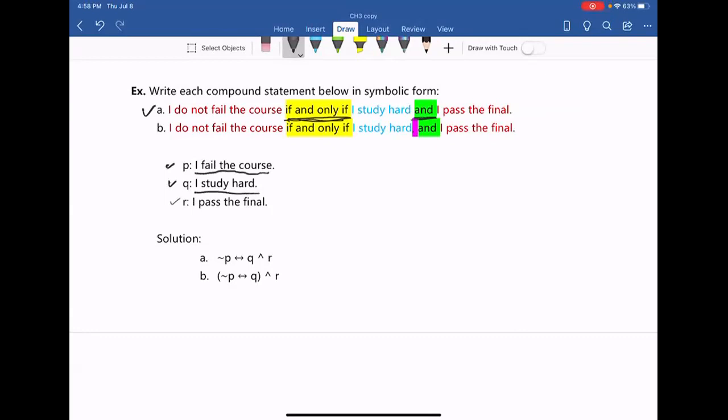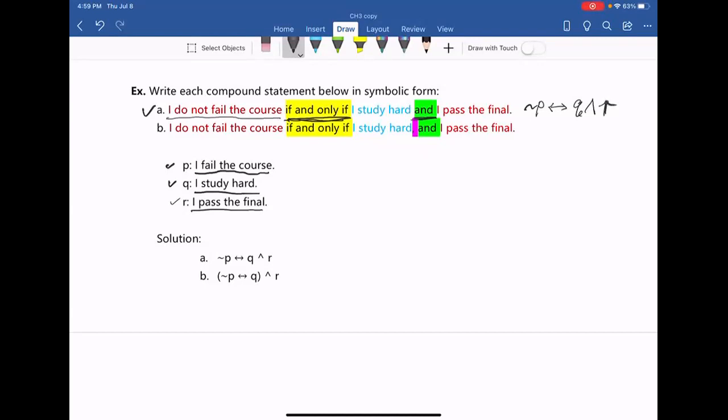Q is I study hard. R is I pass the final. So I do not fail the course is not P. If and only if is this. I study hard is Q. And I pass the final is statement R.